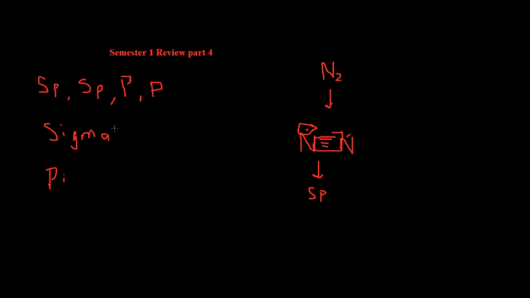Usually in any type of molecule, you always have a sigma bond, between two sp3 orbitals or sp2 orbitals, because a sigma bond consists of just one single bond between atoms. So in any type of bond, you will always have a sigma bond.